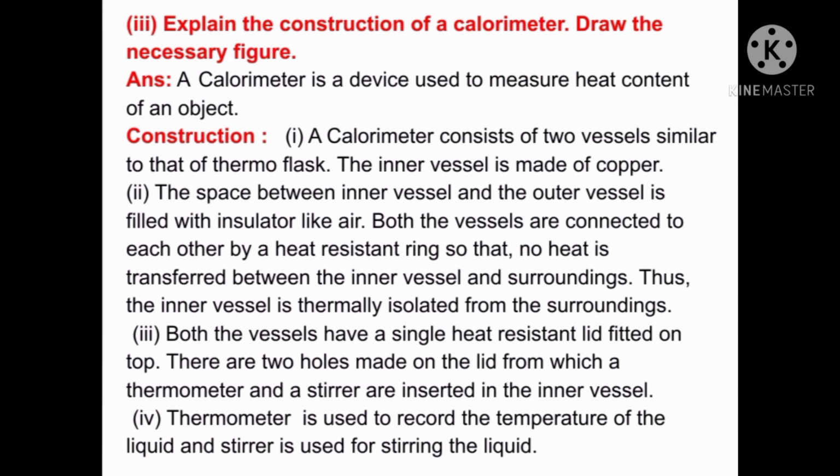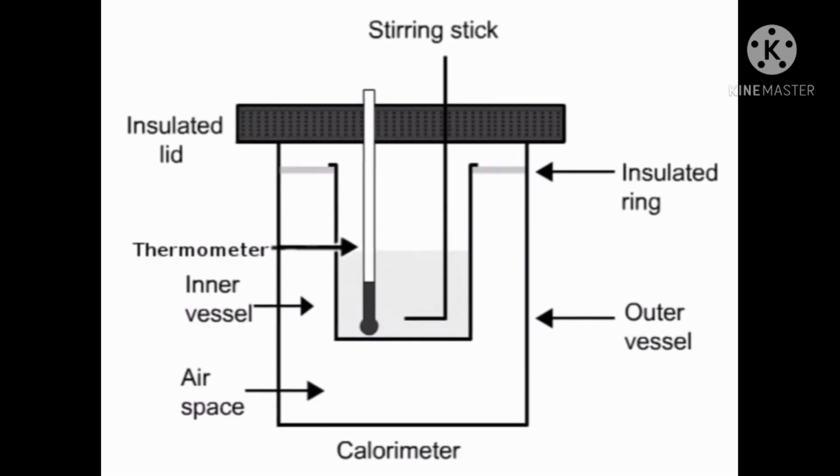So students, this is how a calorimeter is constructed, which is used to measure the heat content of an object. Let's have a look at the diagram. Here you can see two vessels similar to a thermos flask, an outer vessel and an inner vessel. You can see the air space working like an insulator between the inner vessel and the outer vessel.